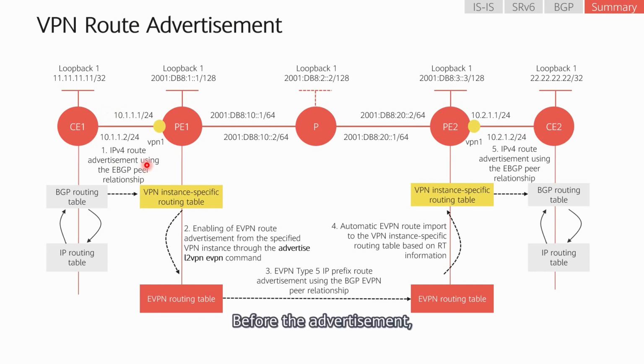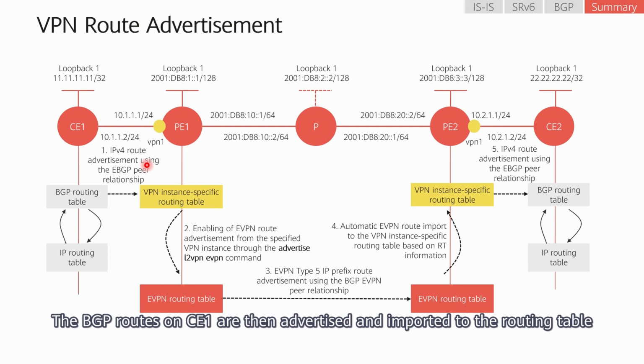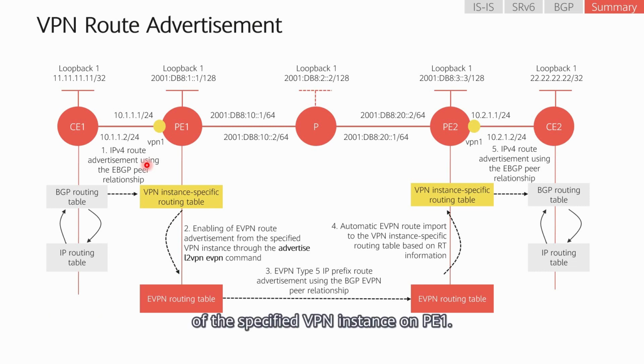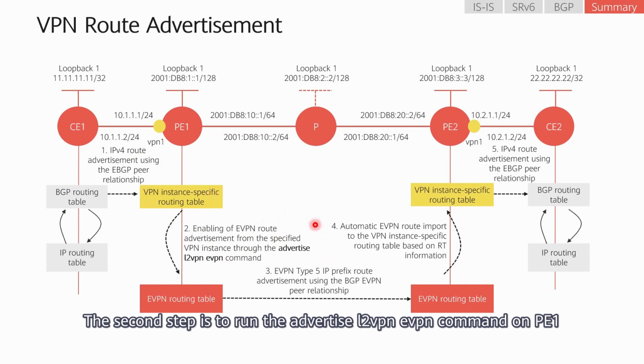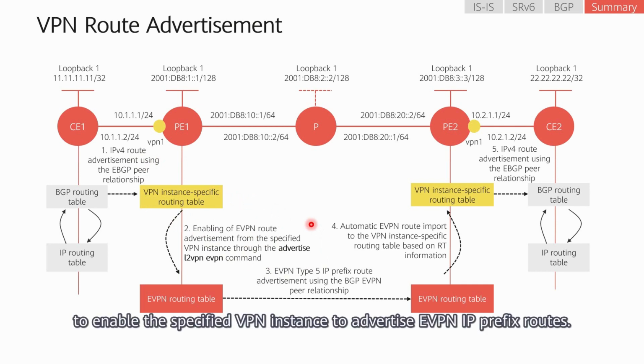Before the advertisement, the preferred routes in the IP routing table can be imported to the BGP routing table. The BGP routes on C1 are then advertised and imported to the routing table of the specified VPN instance on P1. The second step is to run the advertise l2vpn evpn command on P1 to enable the specified VPN instance to advertise EVPN IP prefix routes.